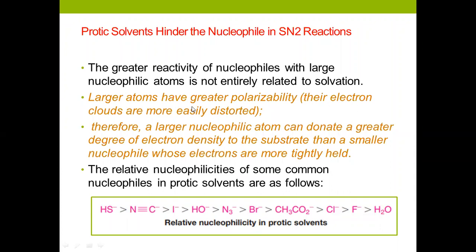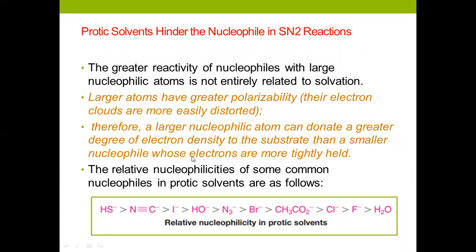It has a bigger area over which the electron density can be moved or distorted. Because of that, that large nucleophile can easily donate a greater degree of its electron density to the substrate as compared to a smaller nucleophile.